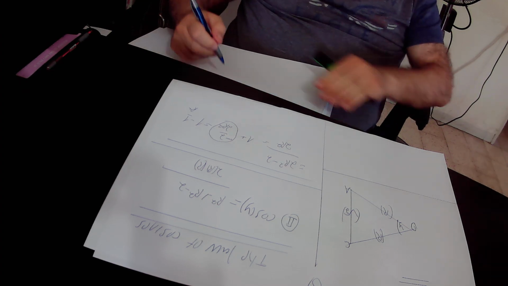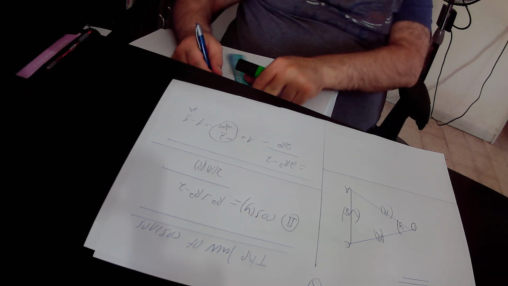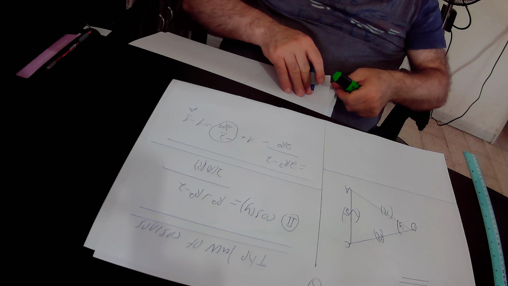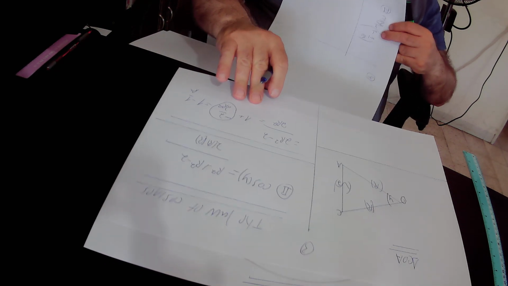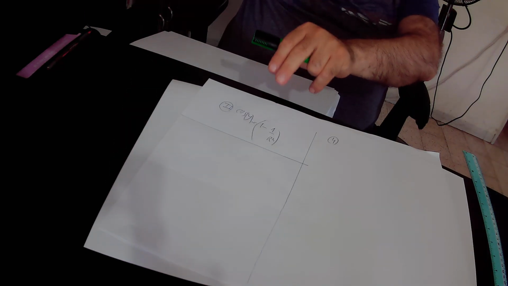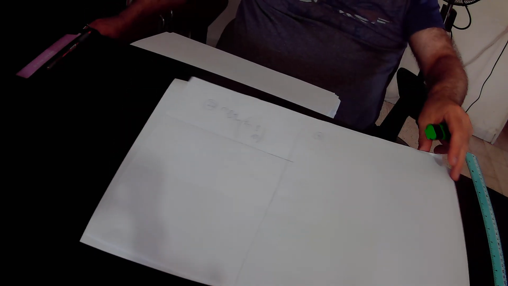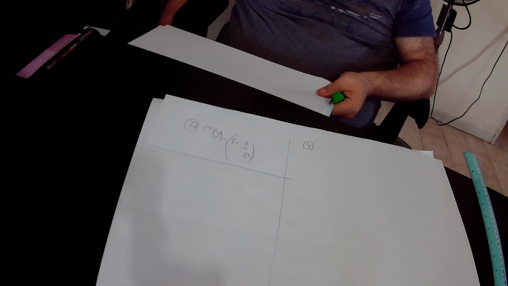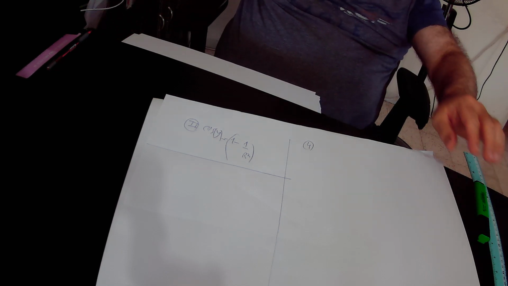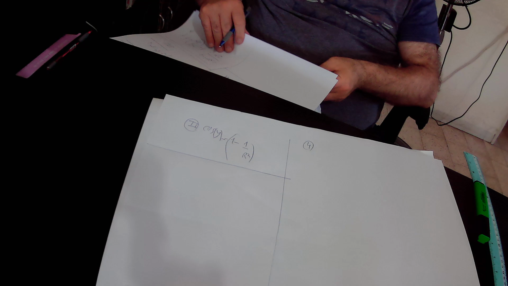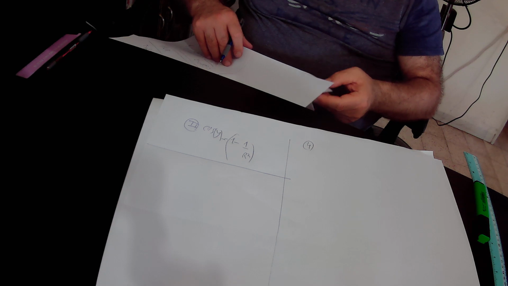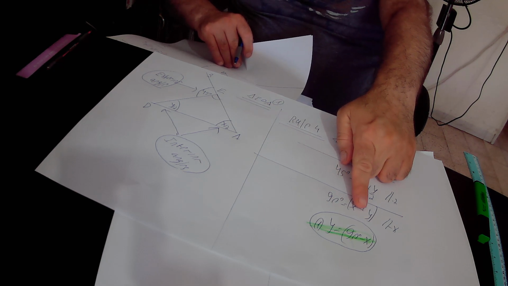Repeat again. We found out that according to equation 2, cosine y equals 1 minus 1 over R squared. But we have already found out that y equals 90 degrees minus x.